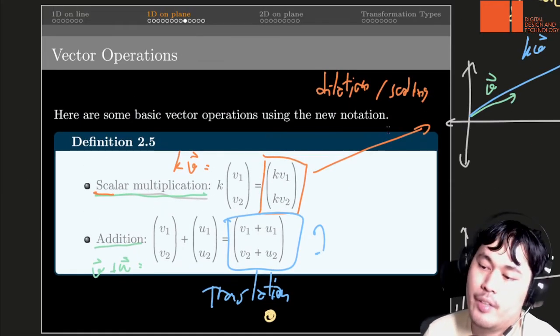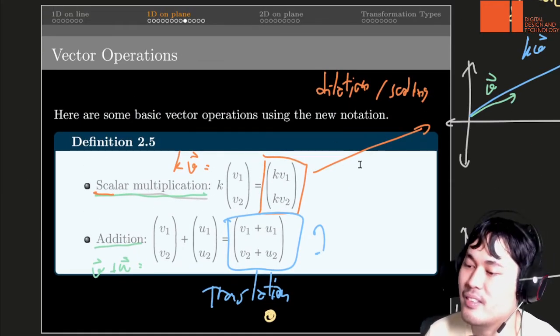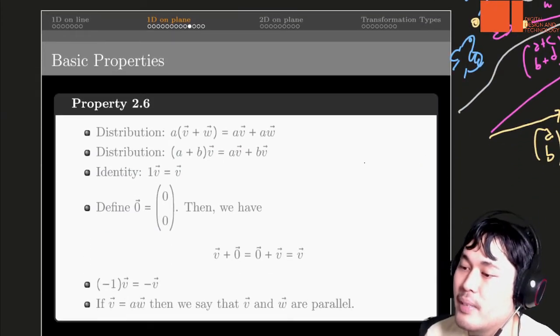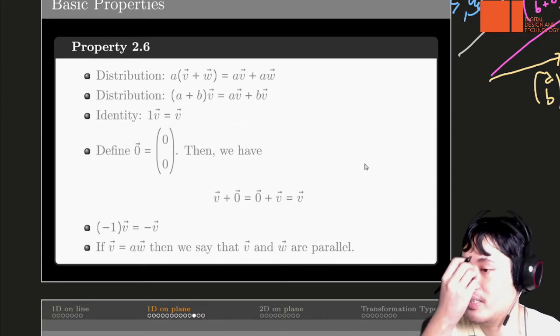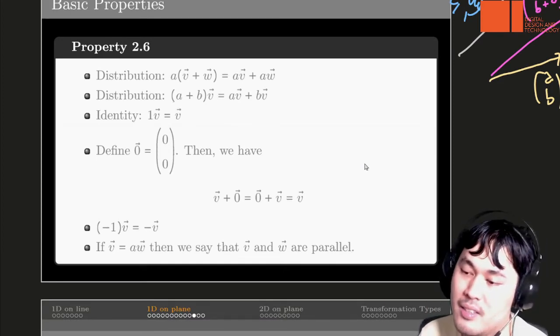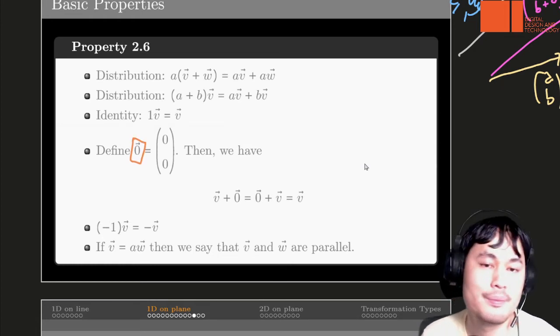Alright, so we have these two vector operations. There are actually properties, which I think I should skip, because otherwise it's going to take too long. But there is some notation, like the vector 0.